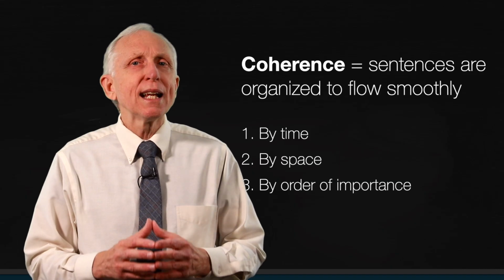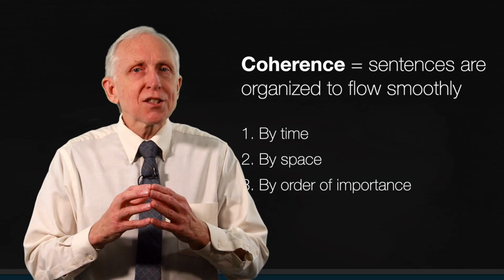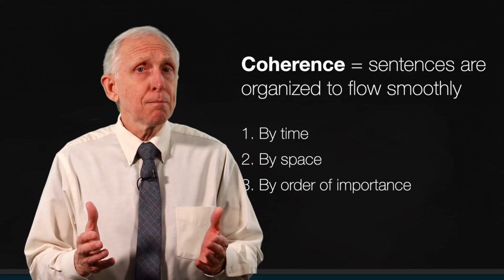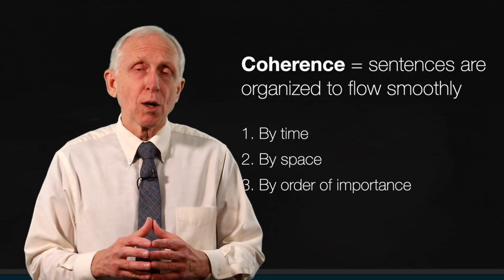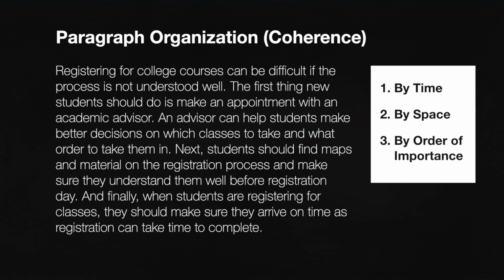Let's go ahead and read three paragraphs now and see how they are organized, by time, by space, or by order of importance. The first paragraph is: Registering for college courses can be difficult if the process is not understood well. The first thing new students should do is make an appointment with an academic advisor.